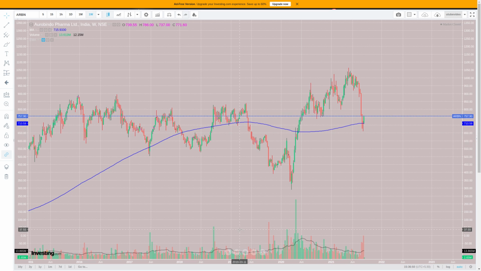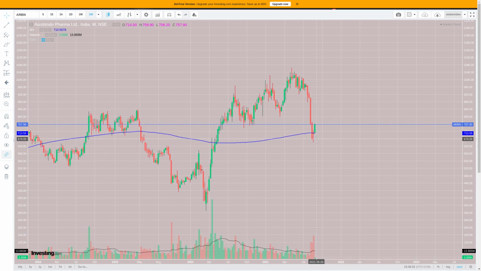So you can see that from here, in the last week it was able to get some support from 200 SMA, and the last time it was able to fly off and be a good positional trade for some time, and again it came, and the last week also it was able to get some support from 200 SMA.